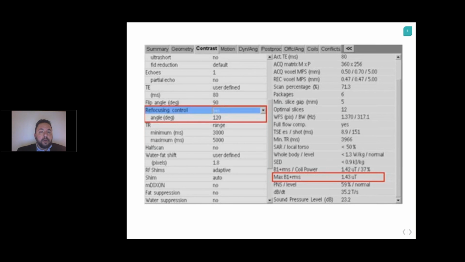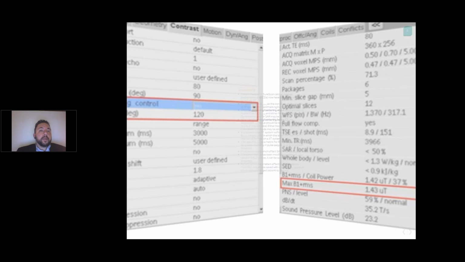You'll note that below that highlighted red line at PNS level, that's where the interactions of the gradient magnetic field, our time-varying magnetic field, can be of concern, our PNS level. So all of these are indicators or a measure of safety in our patients.